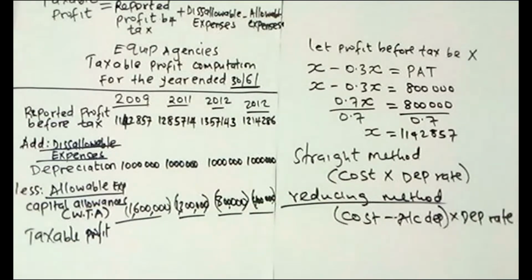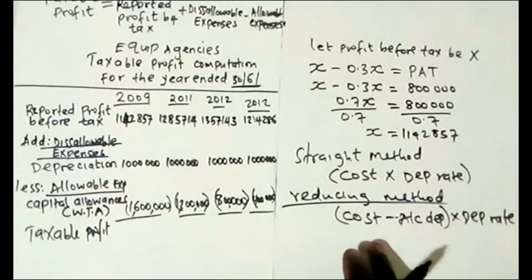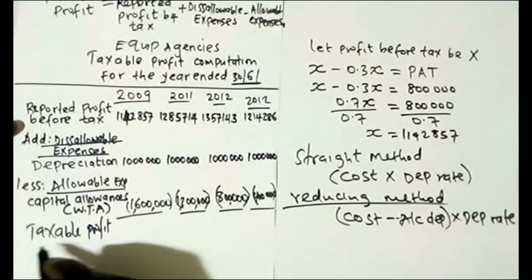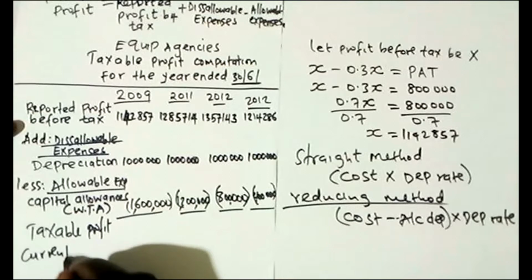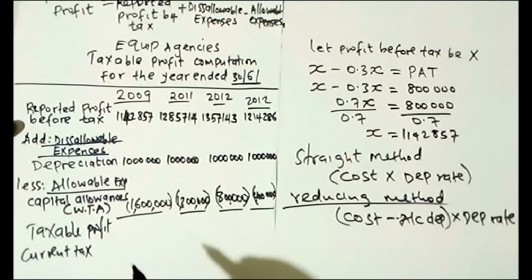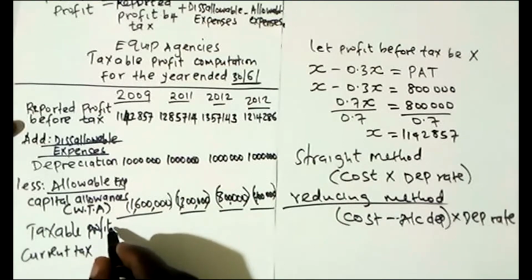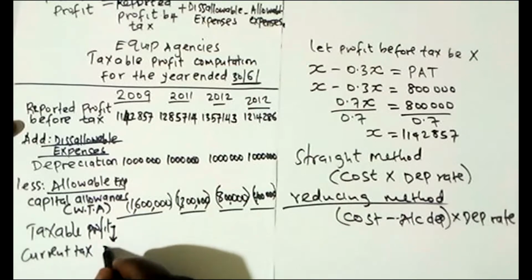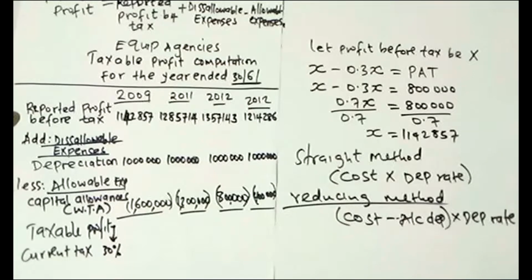Once you have the taxable profit, remember that you can get your current tax, whereby you multiply this answer with 30%.